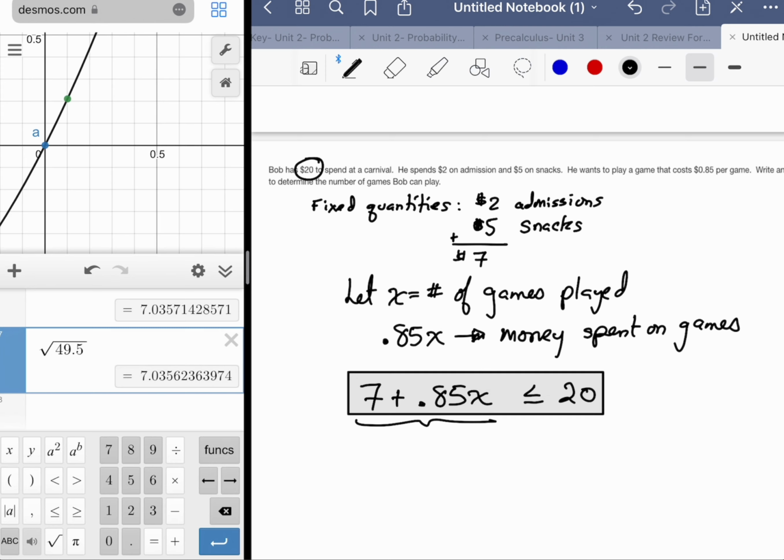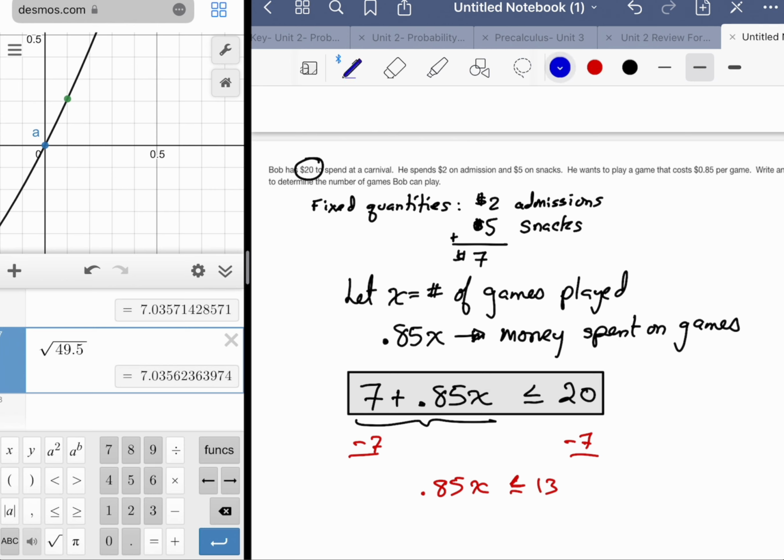But you could see how I could easily take this and make this into one of the show-all-your-work questions. So if I wanted to solve this problem, I could ask you, how many games can you play? What's the most number of games that Bob can play? In which case I would subtract off the 7. I'd get 0.85x less than or equal to 13.